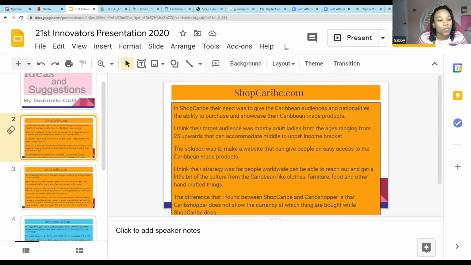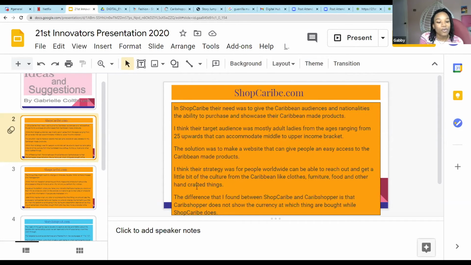The solution was to make a website that can give people easy access to Caribbean made products. I think the strategy was for people worldwide to be able to reach out and give a little bit of culture from the Caribbean, like clothes, furniture, food, and other handcrafted things.